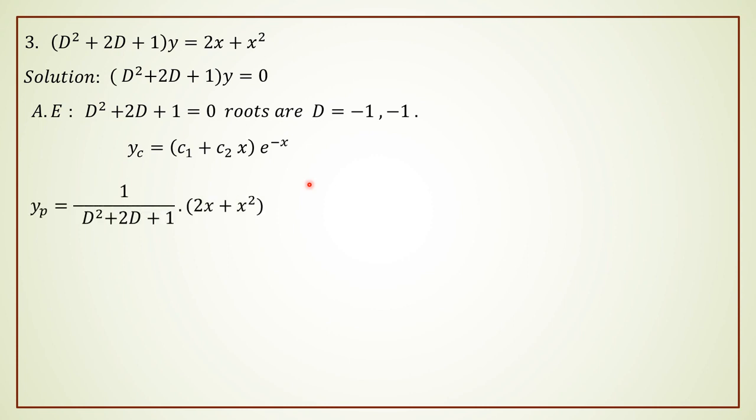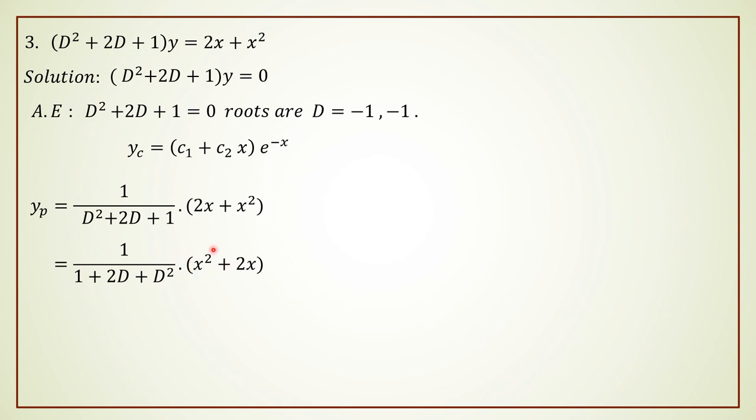Now to find the particular integral, that is to find 1 by d square plus 2d plus 1 acting on 2x plus x squared. Just make a note of it, students. In order to perform the division, it is necessary that the polynomial should be written in decreasing powers of x. Okay, in the descending powers of x.